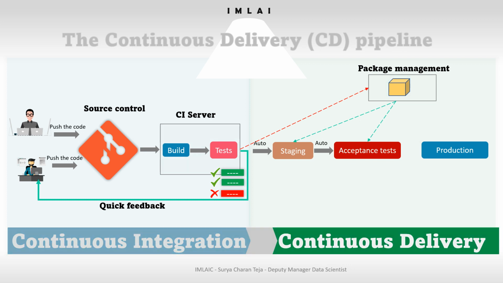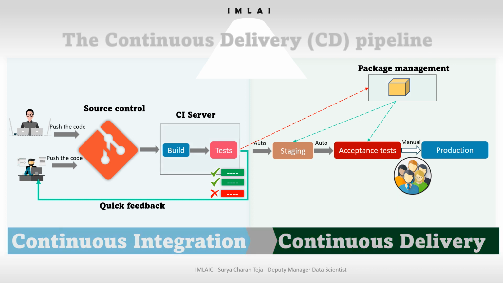Once the staging environment is done, after that you will go for acceptance tests, mainly user acceptance tests. Then after the staging environment, there is a manual approval for production-level deployment.